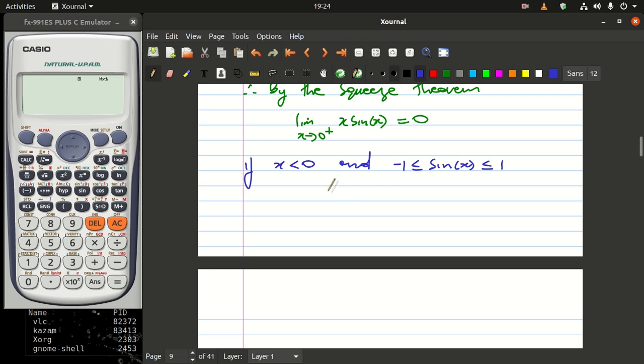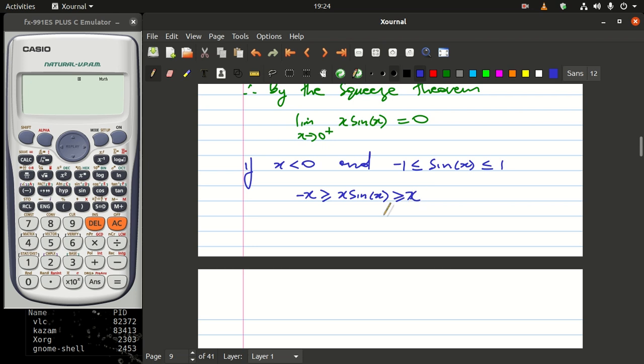Multiplying this whole thing by x, I will end up getting minus x, but because this x is less than 0, it is negative, and multiplying by something negative is going to reverse the inequality. So I will end up getting something like this, but I'm still going to have x sine of x, and then here the inequality will go like that, 1 times x.